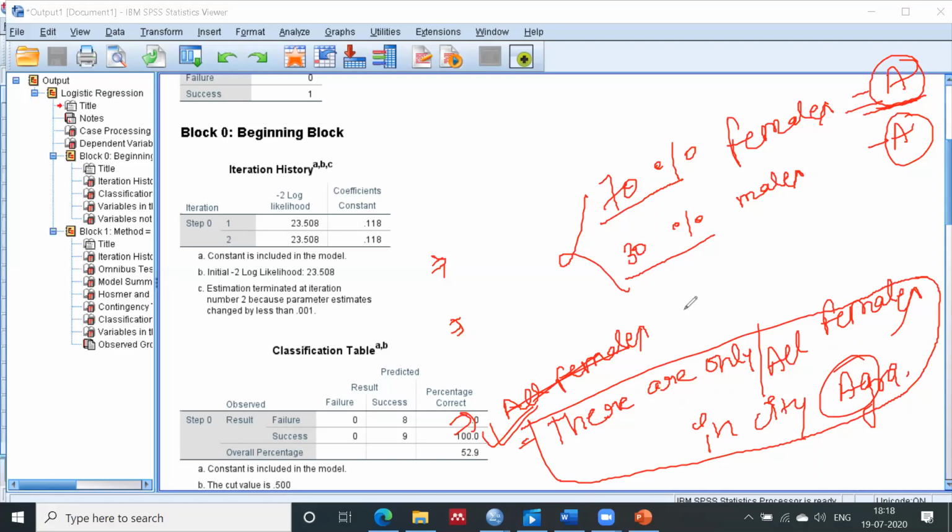How much percentage am I correct? 70%, right? So if I interpret the result, there are only females in the city, and the criteria is 70% females in the city. So of course I am 70% true.